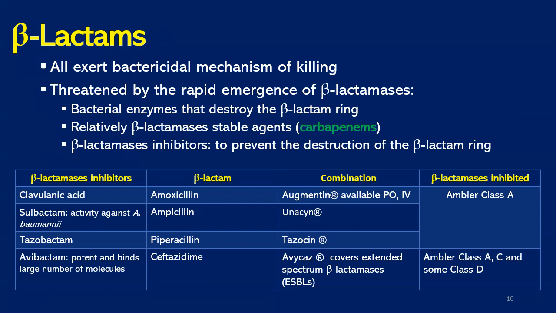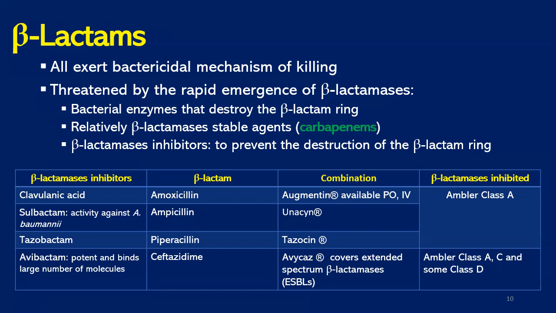And some of the beta-lactams are more resistant compared to other agents, like the carbapenems, and that gives the carbapenems their uniqueness and their broad spectrum of activity, because they are stable against many of those beta-lactamases.